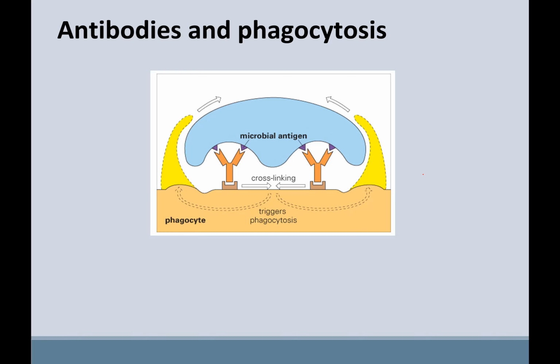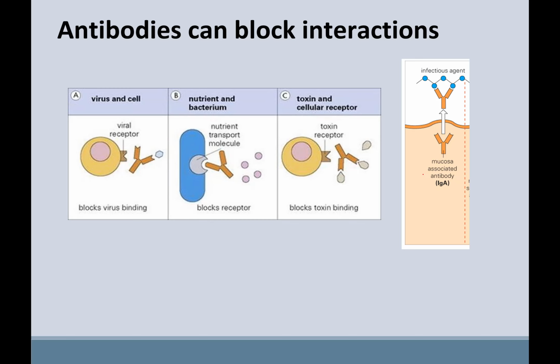Antibodies and phagocytosis. Antibodies can actually trigger phagocytosis without even going through the complement system. Just by their binding, they tell the phagocytes, hey, there's something foreign, come eat this up. Antibodies can block interactions.